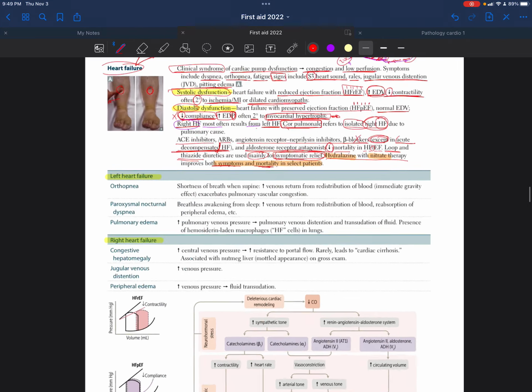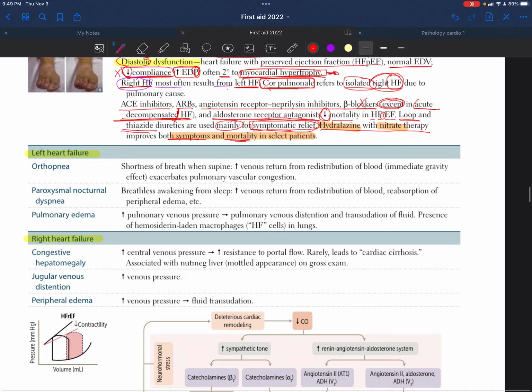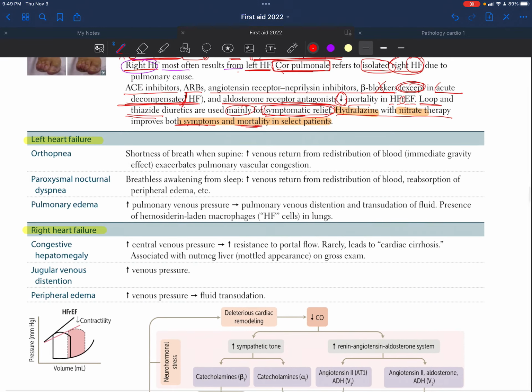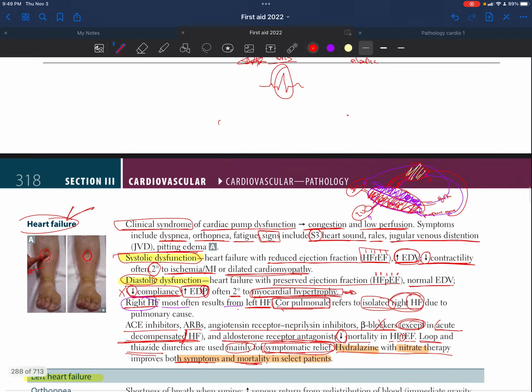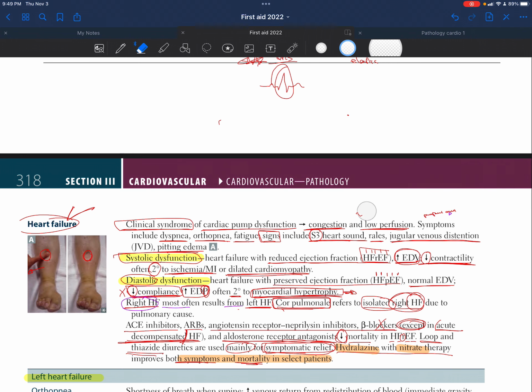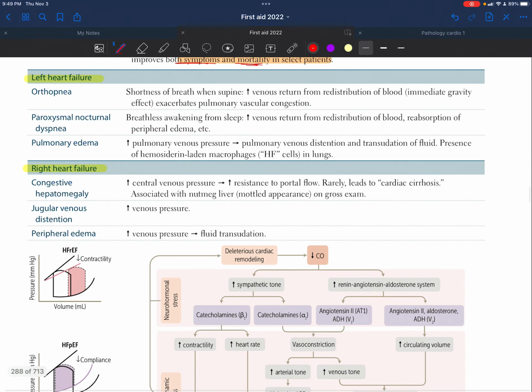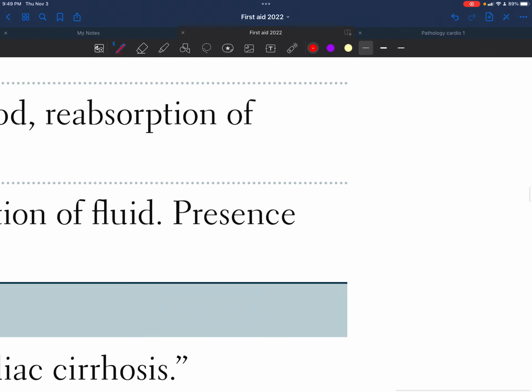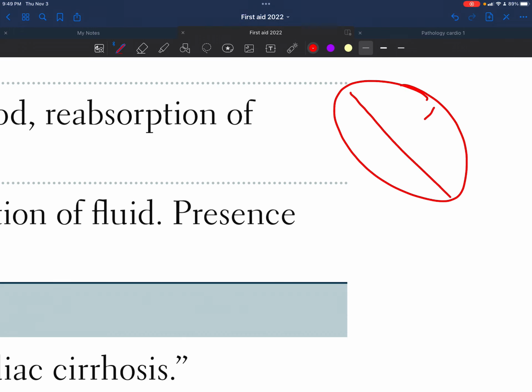so now for the left heart failure, well, let me draw a better image over here. So this is the heart. Okay, this is not a nice heart. If this was the heart, this is the left ventricle, this is the left atrium, this is the right atrium, this is the right ventricle.